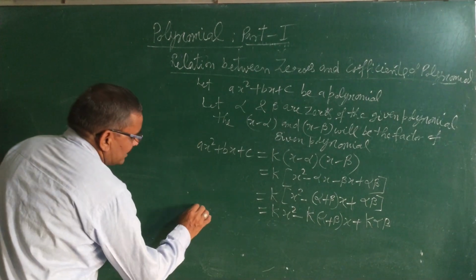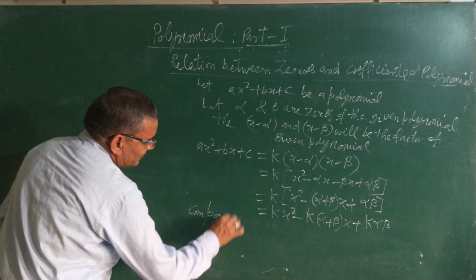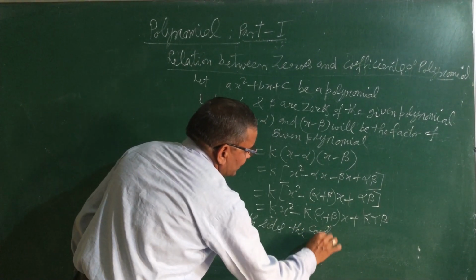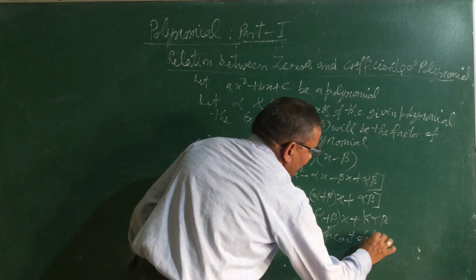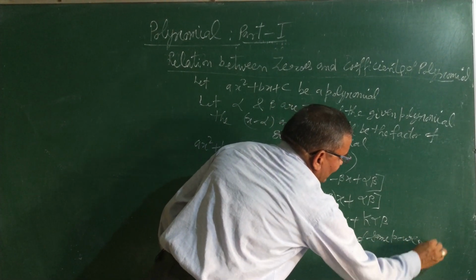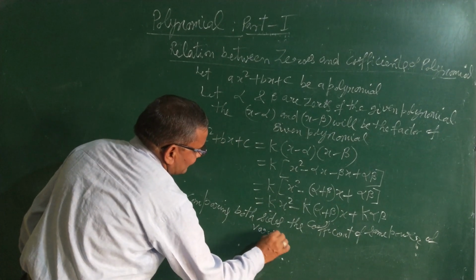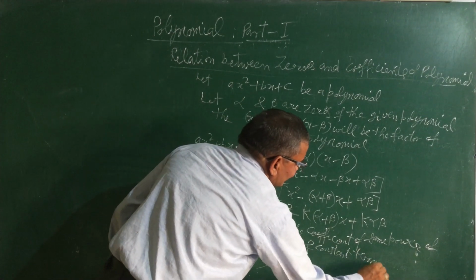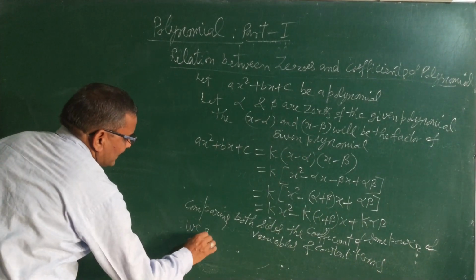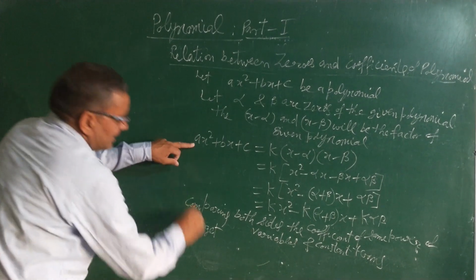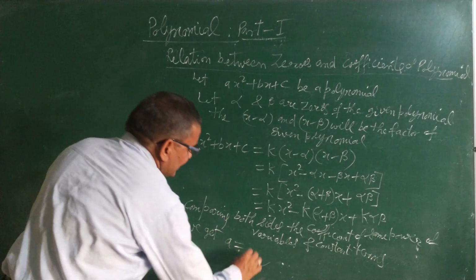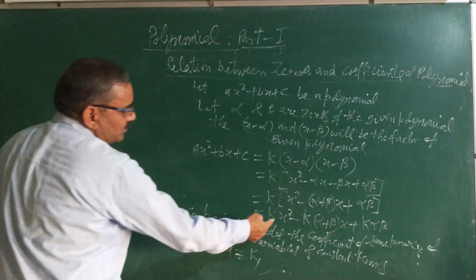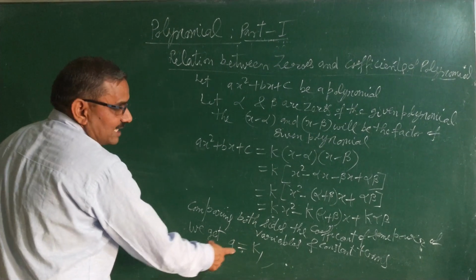So comparing both sides, the coefficients of the same power of variables and constant terms, we get: the coefficient of x square on the left side is a, and on the right side it is k, so a is equal to k.